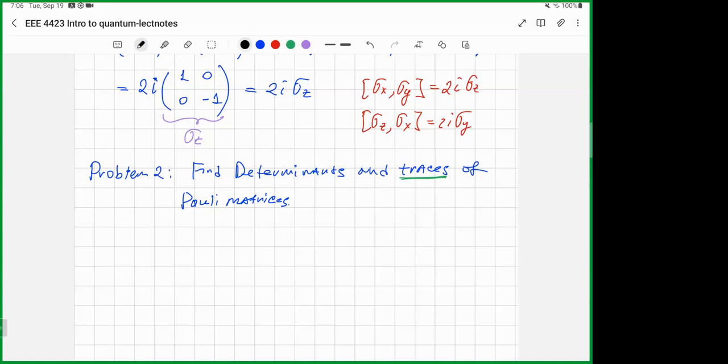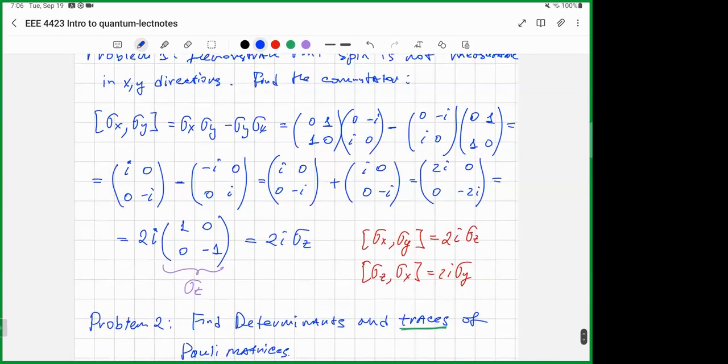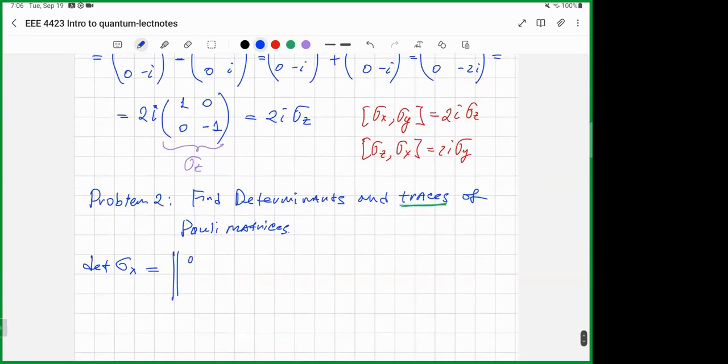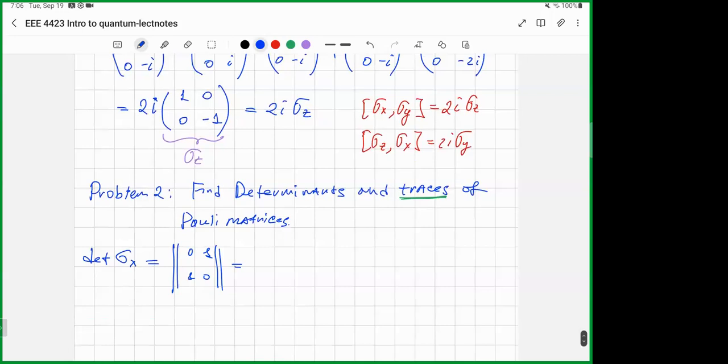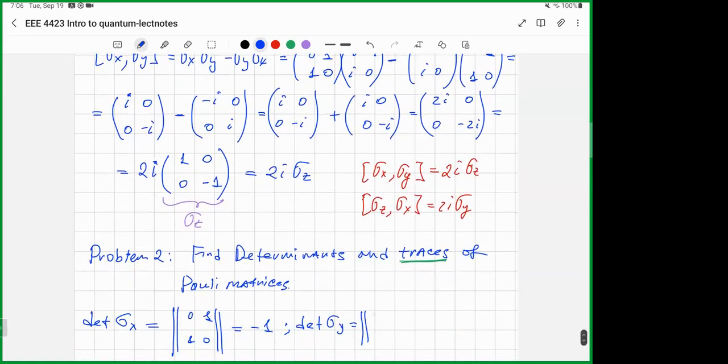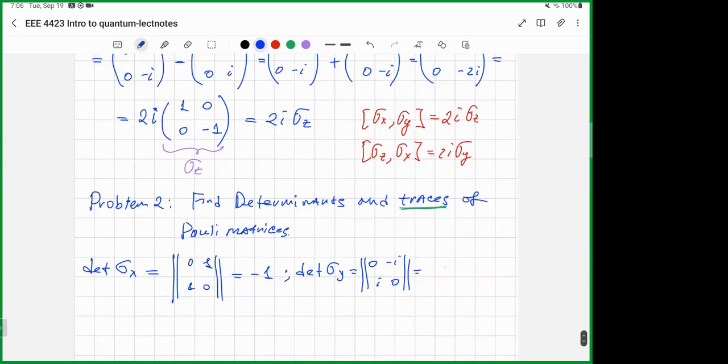All right. So for the determinant of sigma x, what is sigma x? 0, 1, 1, 0. It is 0 times 0 minus 1 times 1, which is minus 1, right? Likewise for the determinant of sigma y, 0, minus I, I, 0, which is minus 1 again.